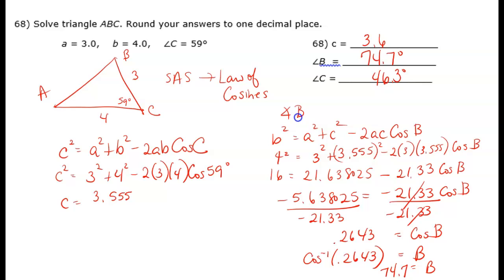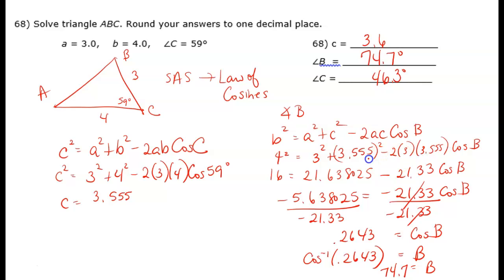Okay, we need to find angle B, so I'm going to use the one that has angle B in it, which is this one. And I'm going to plug in the information that I have. So I now have side B, side A, and I just found side C. I would recommend using the unrounded one here. Even though this is somewhat rounded, it's still carried more decimal places than this is. So plug that in for the C's.